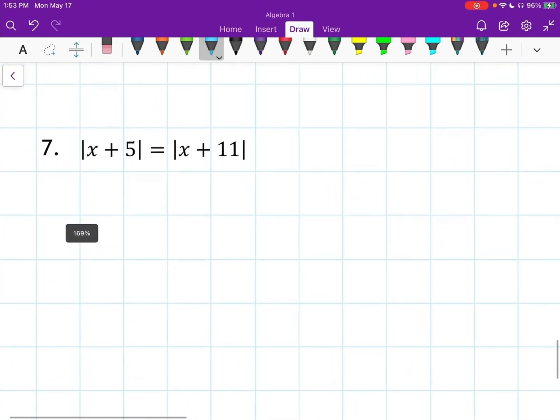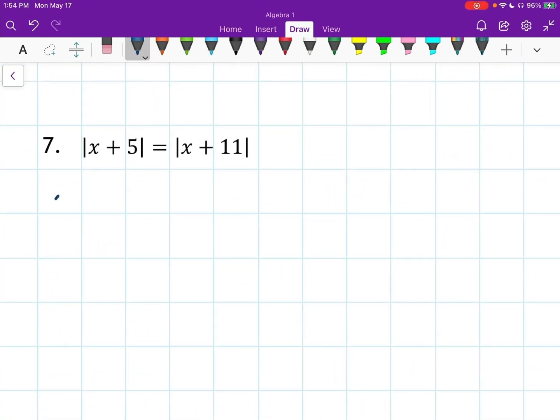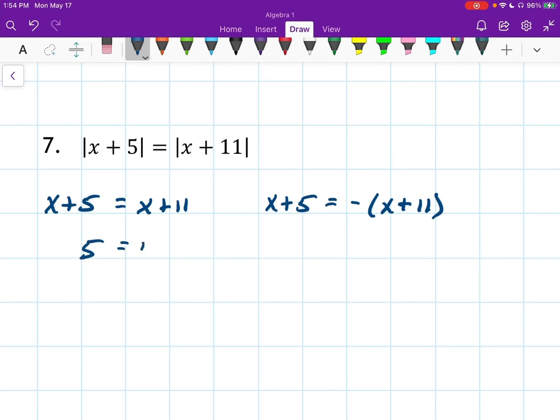Number 7, we'll have x plus 5 equals x plus 11, and then x plus 5 equals negative x plus 11. So on the left here, we'll get, well, our x's cancel, and we're left with 5 equals 11. So that's no solution.